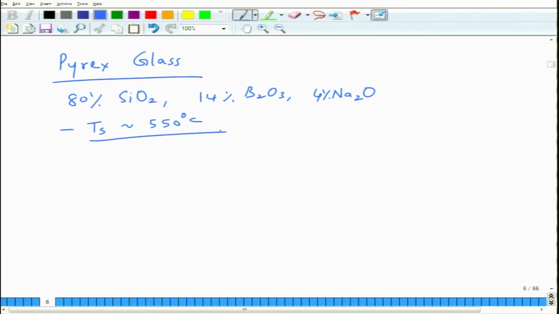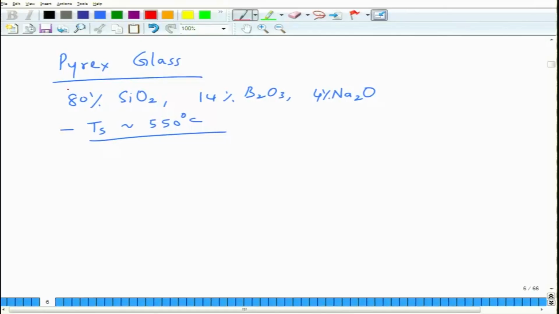This is used in laboratories quite extensively, where you require the material to withstand its form until about 400-500 degrees centigrade. Chemists and material scientists use it quite extensively.